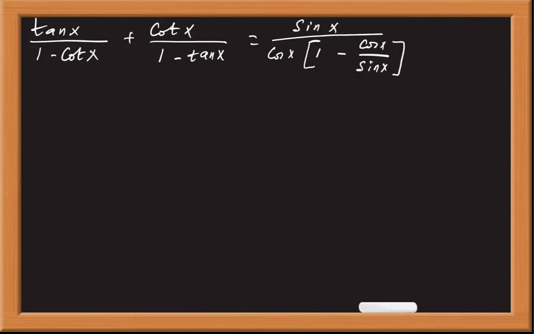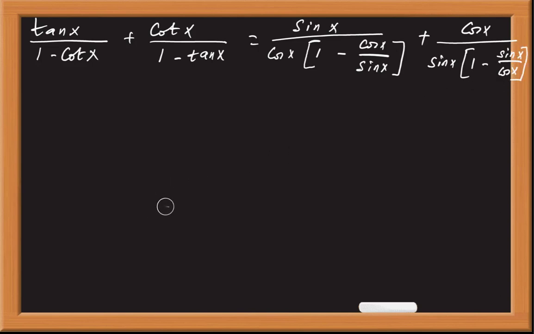That's the first part, plus now cotangent x is cosine x over sine x. Now the sine x is going to multiply the denominator, and we have 1 minus sine x over cosine x.